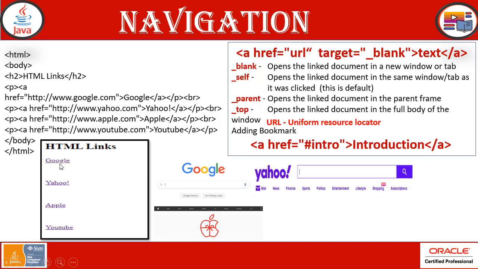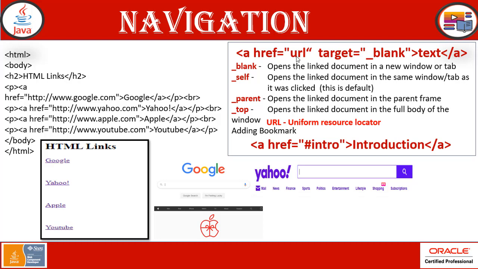So when you click on the Google text, it will open the Google page. And similarly, this is for Yahoo and Apple and YouTube and Facebook and many more. So this is how a web page has menus and navigates from one page to another.